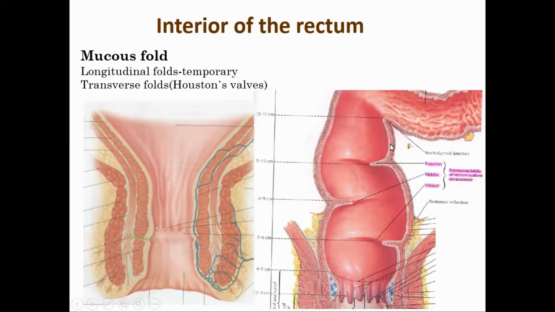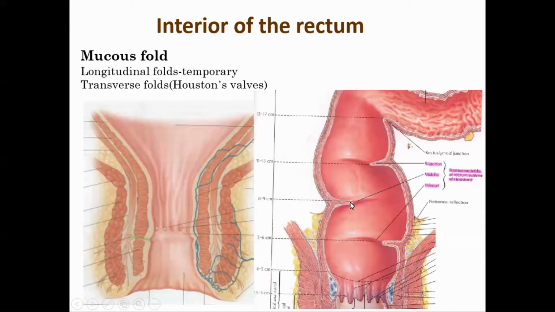It is present in the left lateral wall of the rectum, and it lies about 2.5 centimeter cranial to the middle Houston valve or the middle transverse valve.